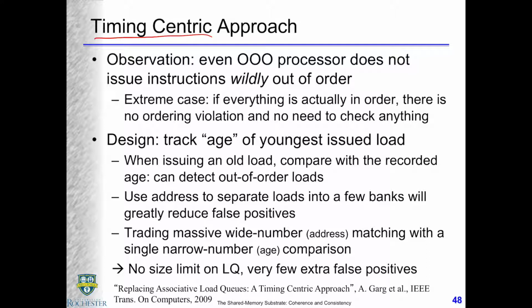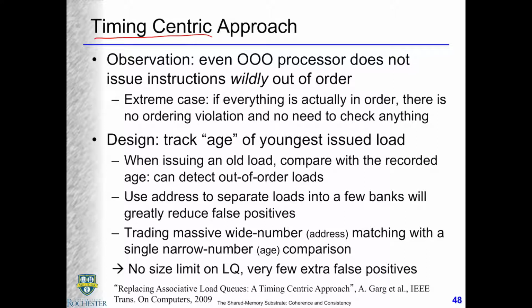So what we do is we actually track the age of the youngest issued load. So when we issue an older load, we compare that with the youngest issued load so far, and if we don't detect any out-of-order loads, then we can say everything is fine so far. Okay?